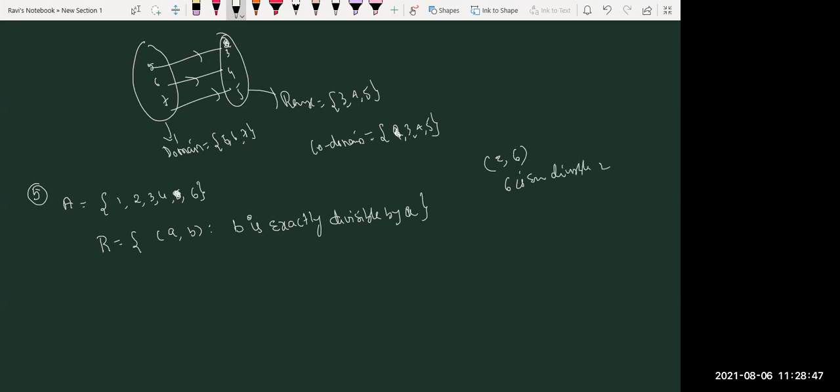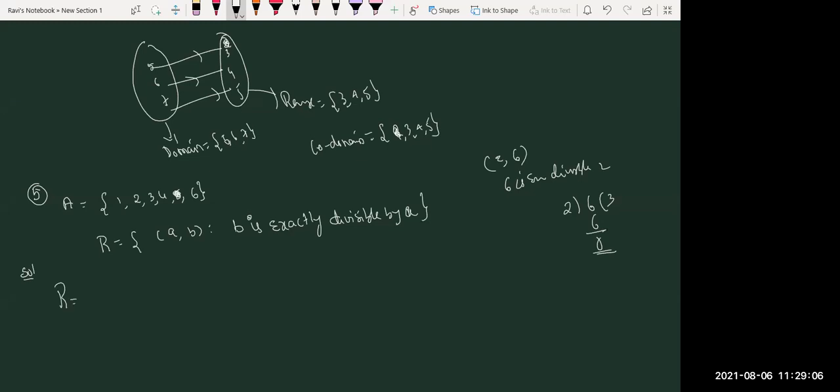Correct or not? Yes, sir. What remainder will we get? 0. Understand? Whatever numbers are exactly divisible, those numbers you have to write here. Shall I explain?